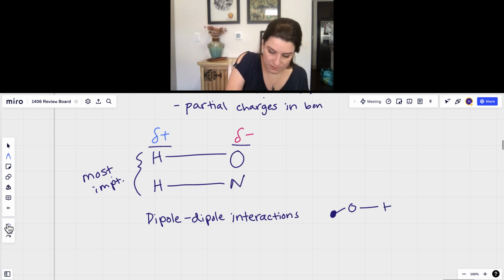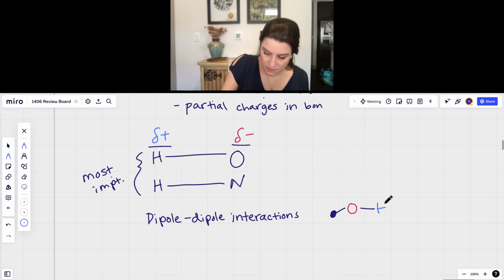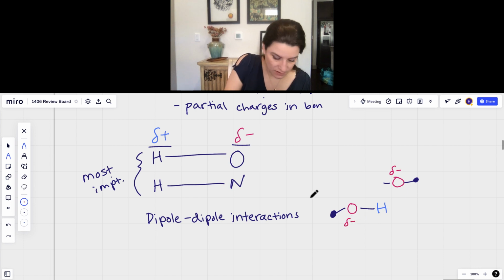So let's draw this like this. The oxygen is the partially negative, and then we have the bond with the hydrogen, which is the partially positive. And then we have another molecule over here. Let's say it has a hydroxyl group as well. We have the partial positive, partial negative on the oxygen, and the partial positive on this hydrogen.